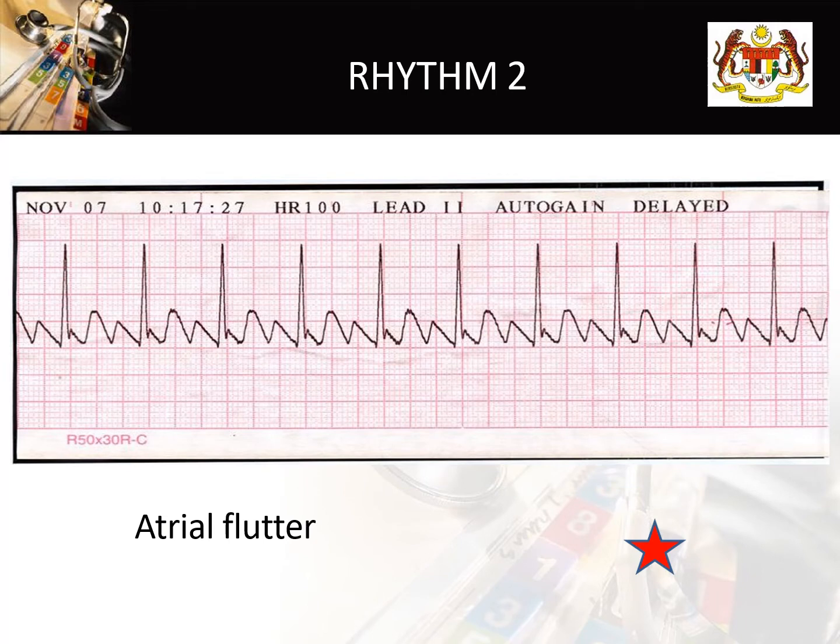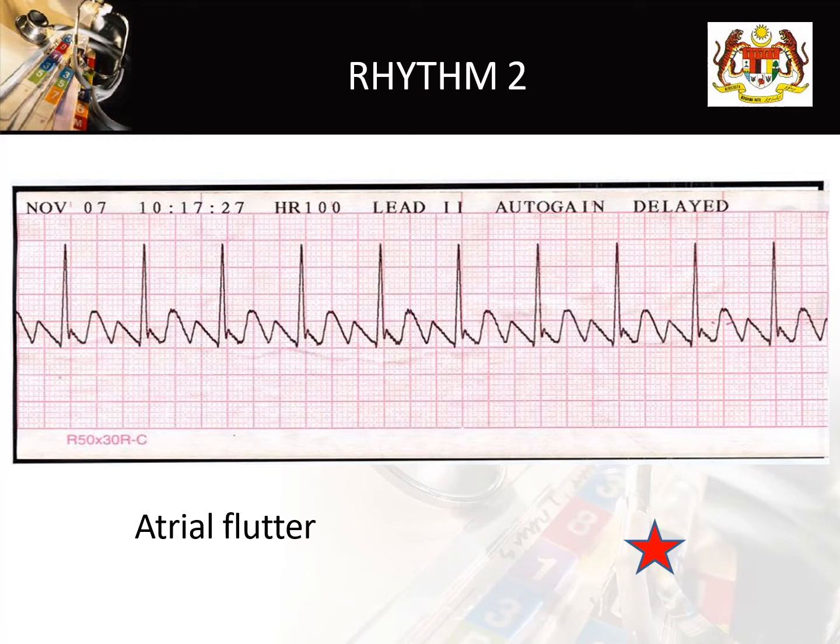Okay, this ECG we cannot miss. This is quite classical of atrial flutter. We can see it is characterized by a sawtooth appearance. You can see the atrial rate is very fast, about 300 beats per minute.